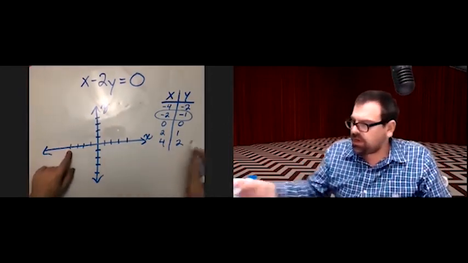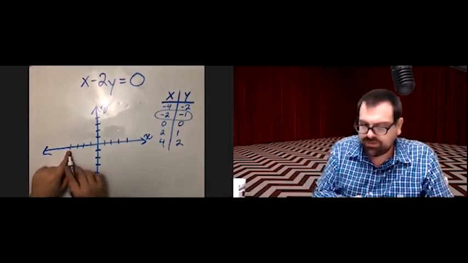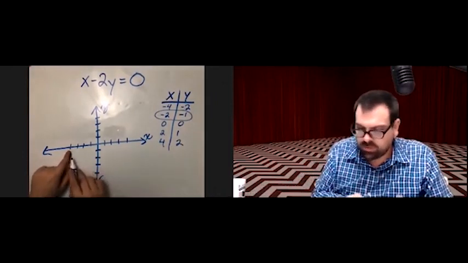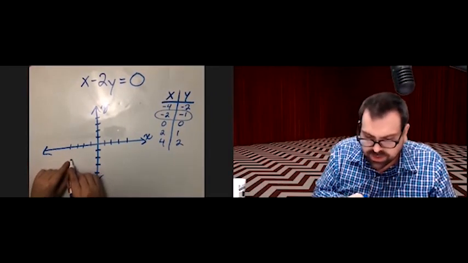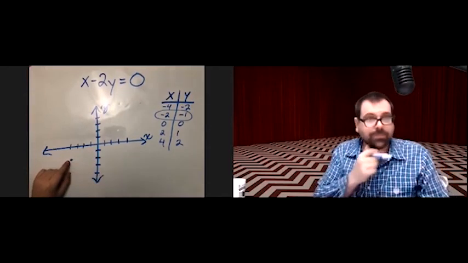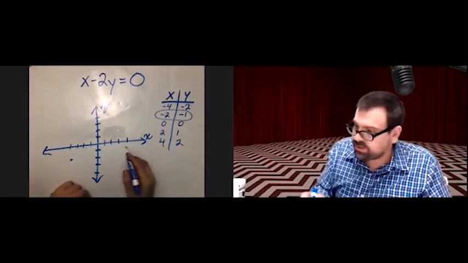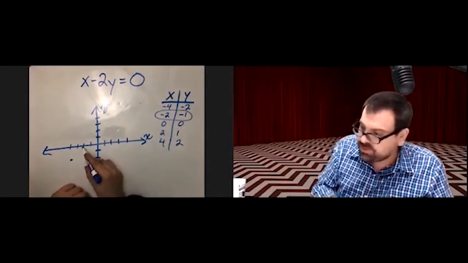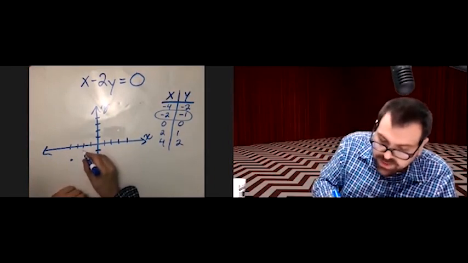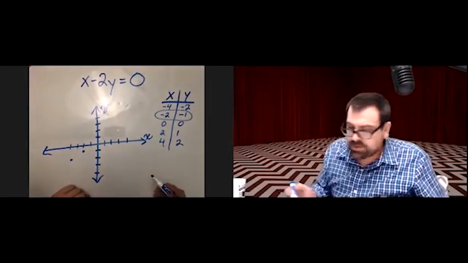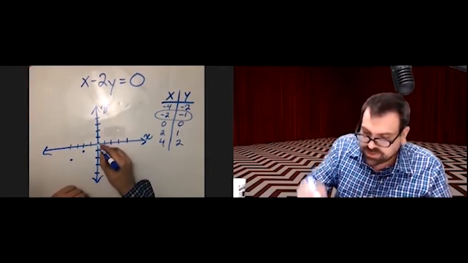So -4, -2, that's an x of -4, a y of -2, that's right here. -2, -1, an x of -2, a y of -1, that's right there. 0, 0 is right there.